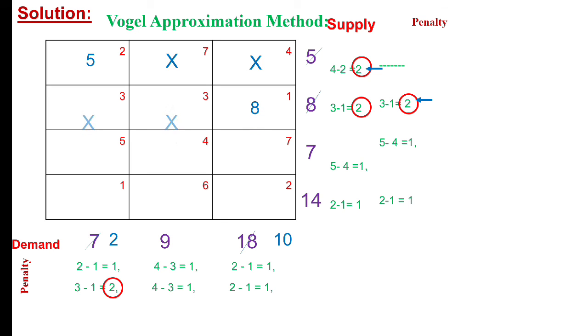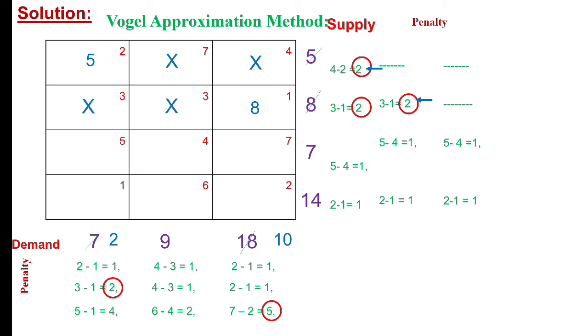Then again, only columns are left out. So we find 5 minus 1, 4, 6 minus 4, 2. Of the 4 cells, 1 is the minimum, so 2 will be allocated.